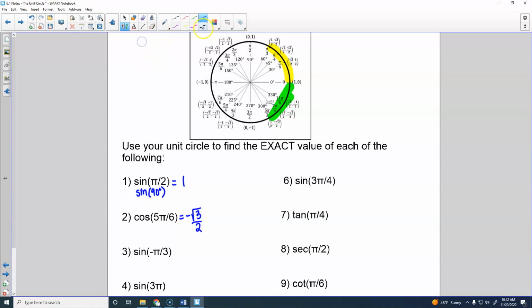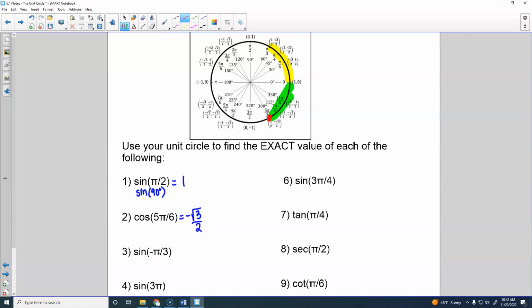So that means you would end up at 5 pi over 3. Those are what we call coterminal angles. They have different names, but they're at the same place on the unit circle. So sine of negative pi over 3 is the same as sine of 5 pi over 3.